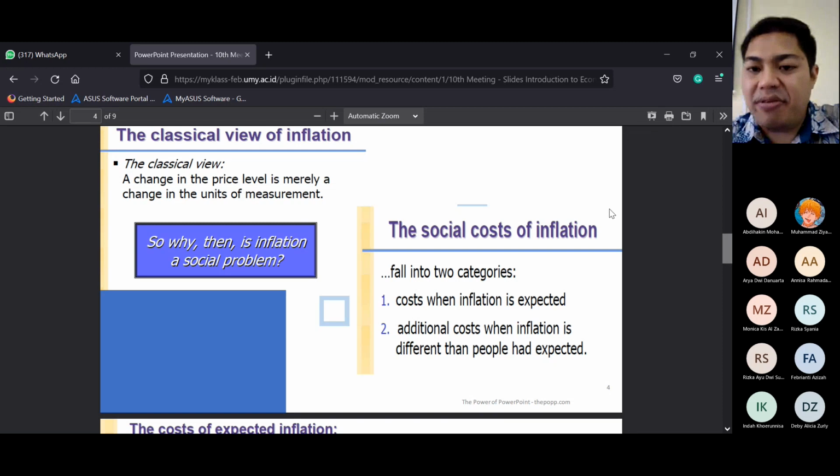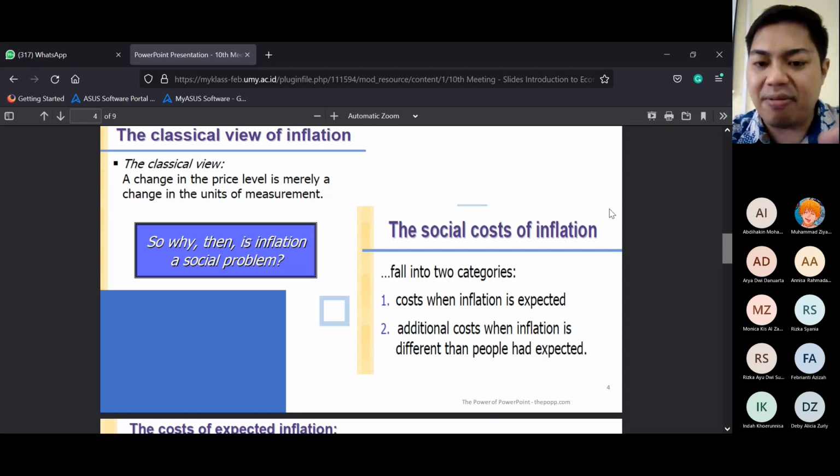The social cost of inflation falls into two categories. There is a cost when inflation is expected, and an additional cost is created when inflation is different from what people expected. So now you are comparing real inflation and expected inflation.